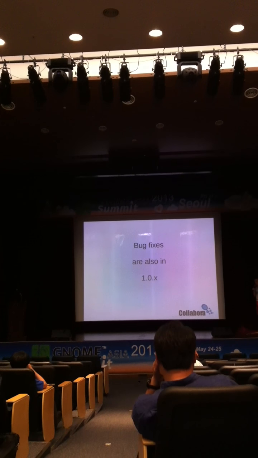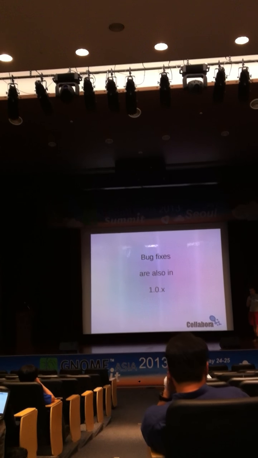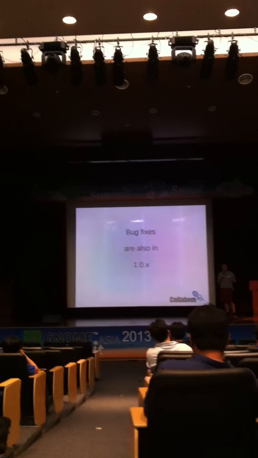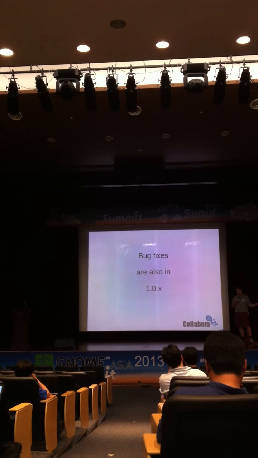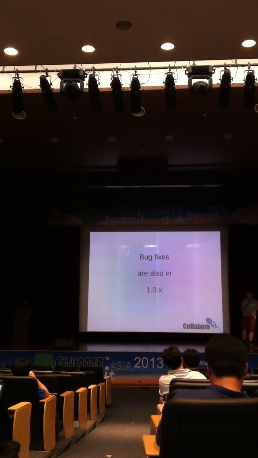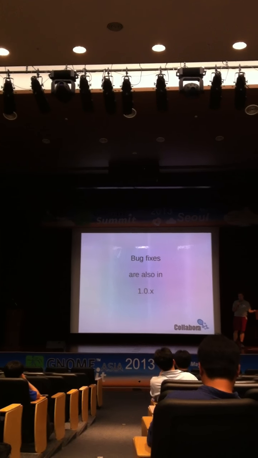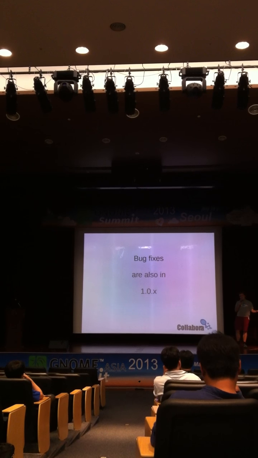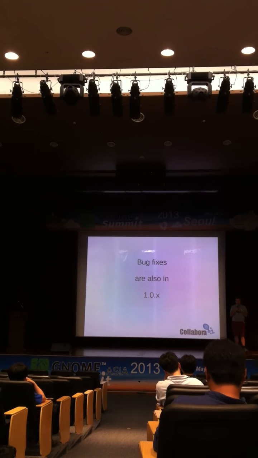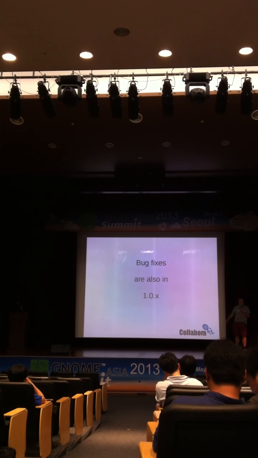We also have a new thing that we didn't have before. In 0.10, each new version had bug fixes and new features, and they were all mixed together. So it was very painful for people trying to develop something that's not a desktop application when we wanted a stable version. So now we make stable releases with only bug fixes.